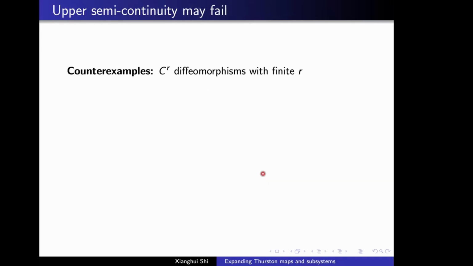Okay, but there are also negative results. In some situations, the upper semi-continuity of entropy can fail. For instance, in the context of C^r diffeomorphisms with finite r, there are counterexamples. In dimension 4 is by Misiurewicz, and later they provided a counterexample for all dimensions greater than 1.